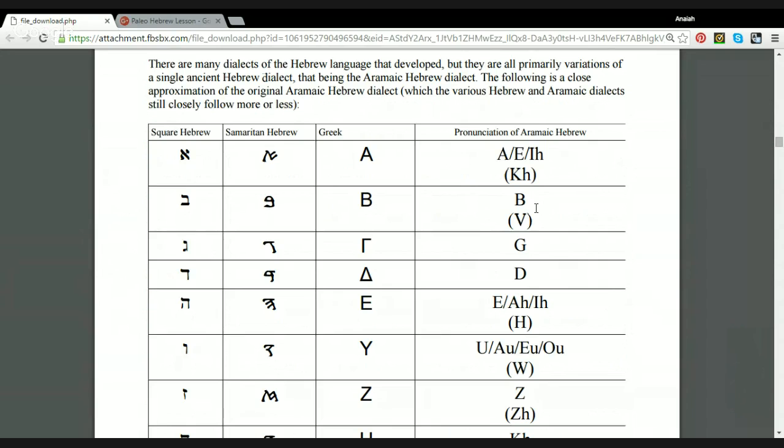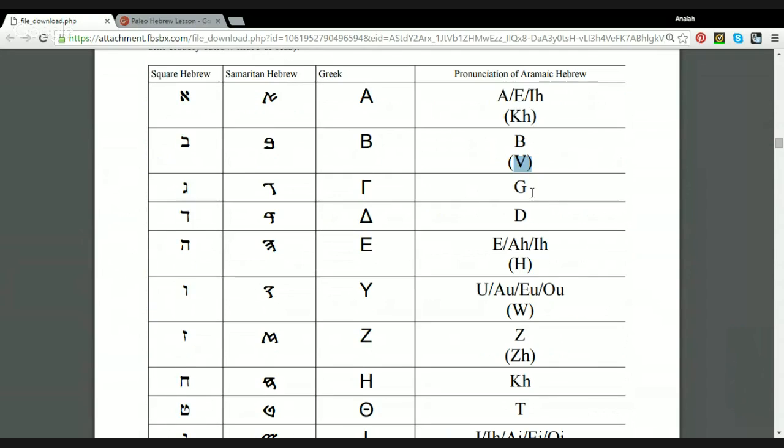Yeah. So they've got that understanding there. Then we've got the B and they have the V. Then G, D, and right here you've got the E, A, I, and H sounds for Hey. For Vav, you've got the U, OW, W.